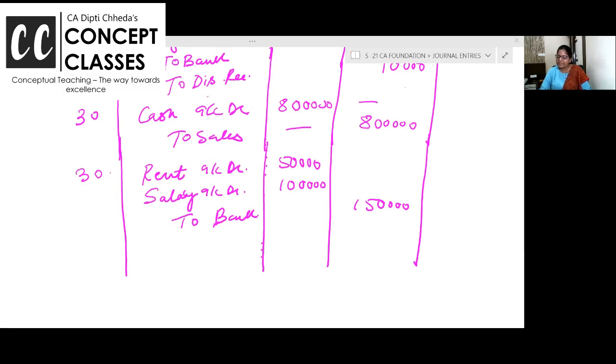Are the journal entries easy or not? Are you able to do it? Yes. All clear? Yeah, narration you can write here: being expenses paid, rent, salary and all.